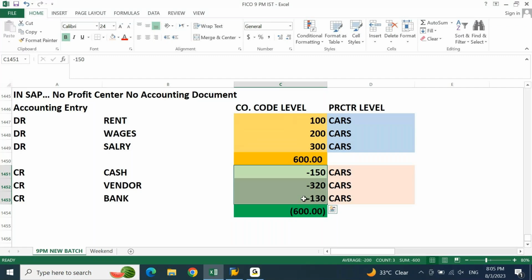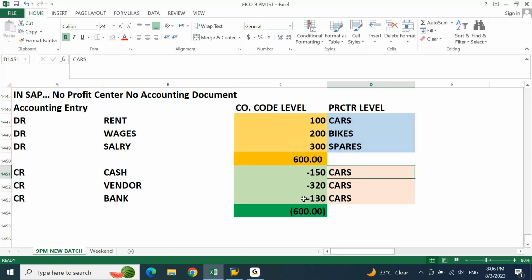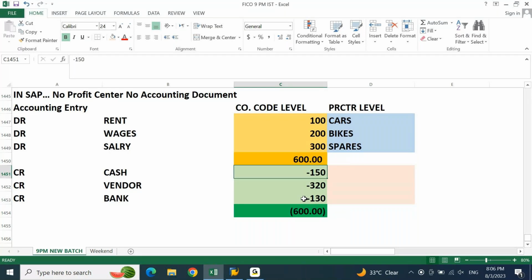But the point to be remembered here is there may be a possibility this 100 is related to cars and this 200 is related to bikes and this is related to, let's say, spares. Now the credit side, if I wanted to split this on the credit side, how do I match this? Now I don't have the equal amounts to match the credit.